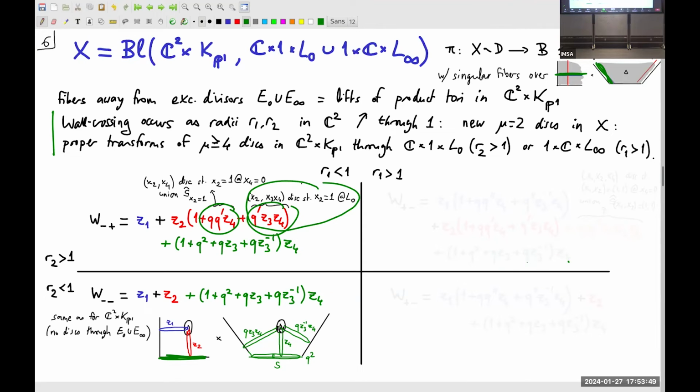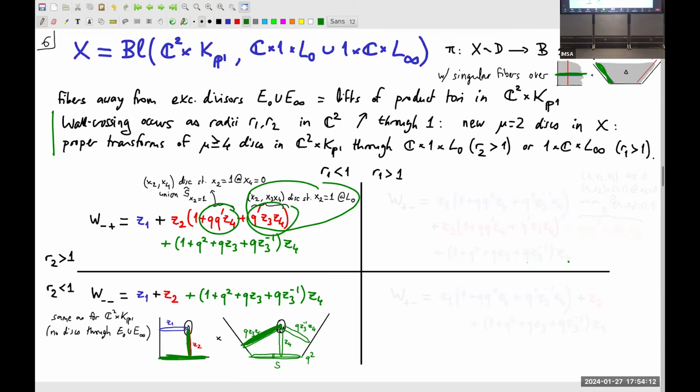This is exactly, I take a disk that moves along this axis in the second factor, while also moving along the second axis in the first factor. So its weight will be really Z2 Q Z3 Z4. And now these things have Maslov index 4 downstairs, so they exist in higher dimensional families.